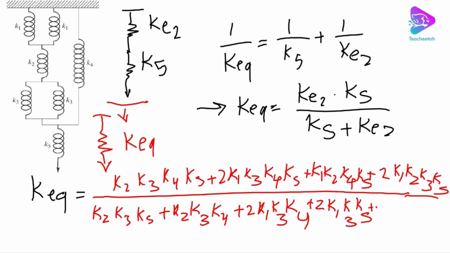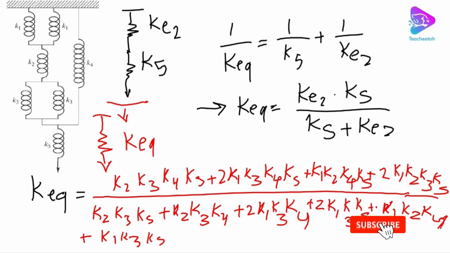Plus K1, K2, K4. This is K4 and this is K1, and we also have more terms. I continue here in the denominator, plus K1, K3, K5, and plus 2, K1, K2, and K3.